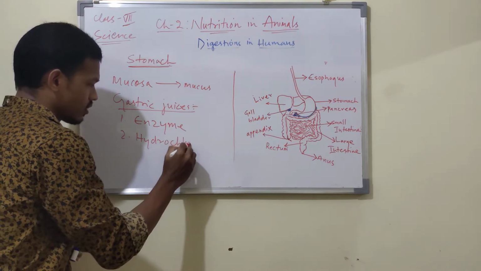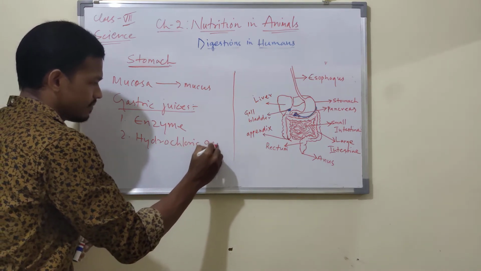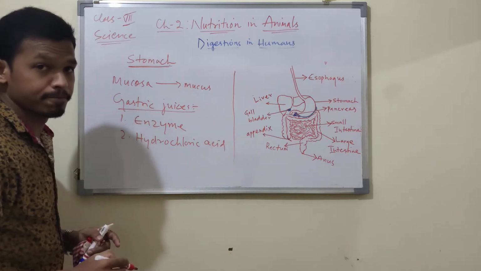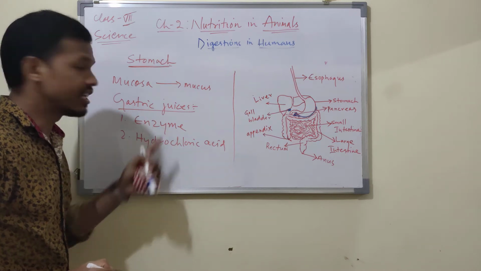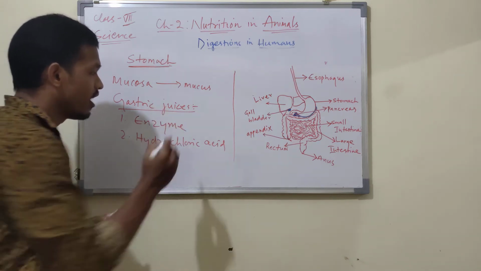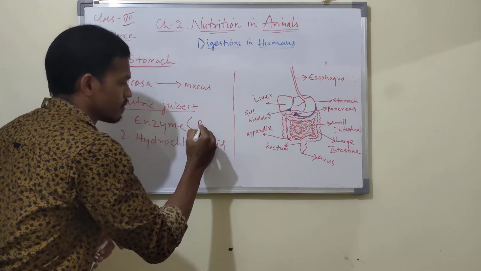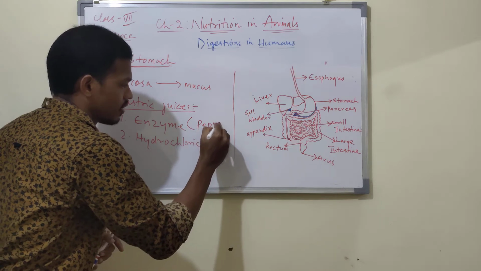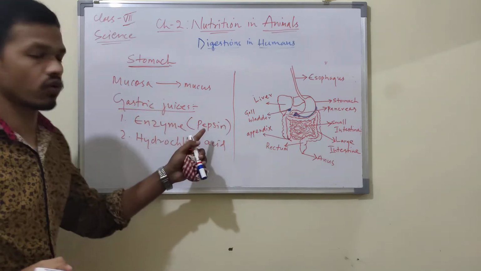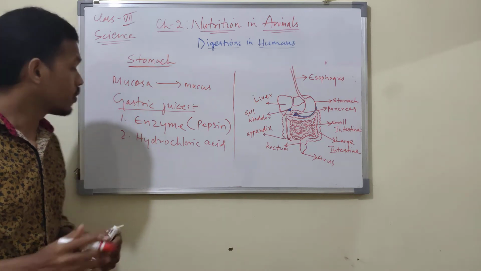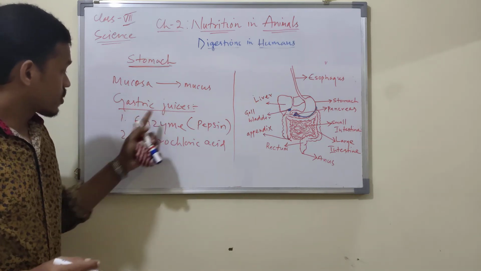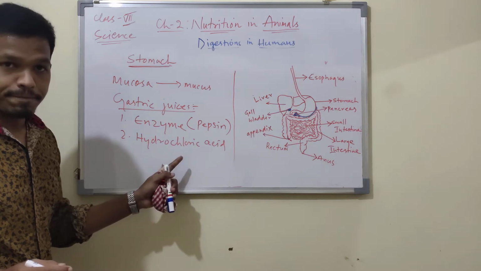The enzyme in gastric juice is called pepsin. So gastric juice contains enzymes and hydrochloric acid.